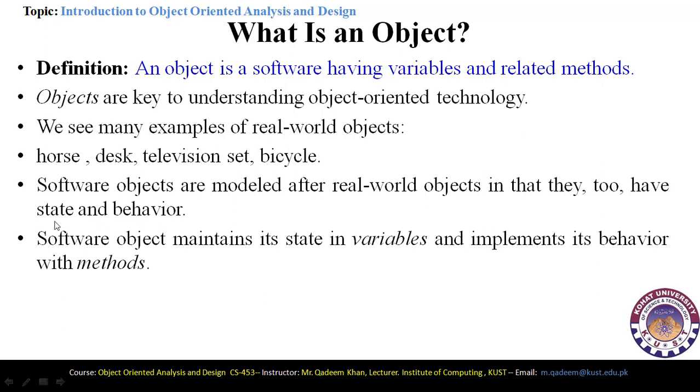The states are called the variables and the behaviors are called their methods. So the object maintains its state in variables representing the data members, and similarly they have their behavior with the methods. The behavior or the methods are called the member functions of the objects.